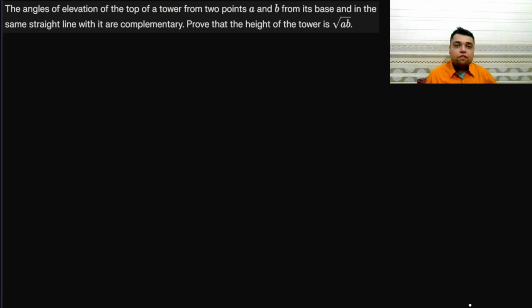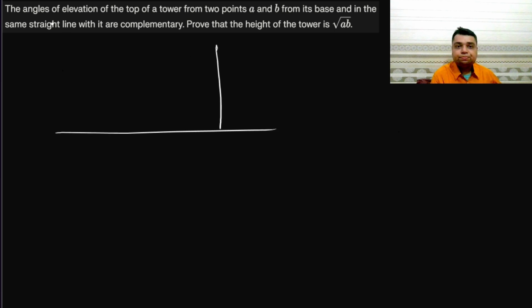Okay, the angle of elevation of the top of the tower from 2 points A and B from its base and in the same straight line are complementary. Prove that the height of the tower is root of AB. So there is a base here. Let me draw that. This is base and this is the tower.